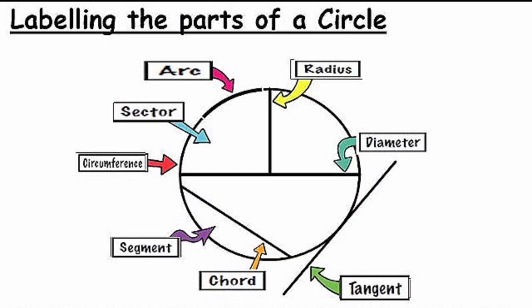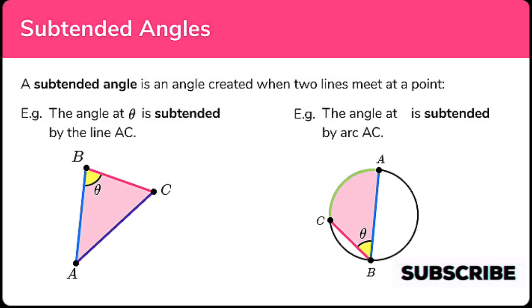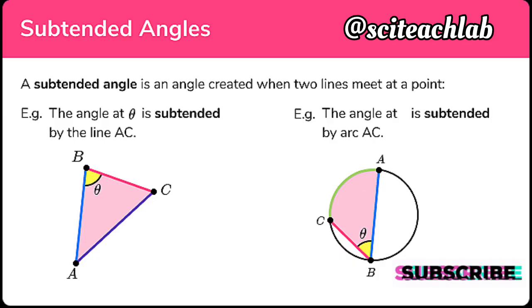All right. Before we get to the theorems proper, let's define some terms. Like I already said in class, what is a subtended angle? A subtended angle is an angle made, formed or created by something. What can make a subtended angle? An arc can subtend an angle. A chord can subtend an angle. But all this, whether an arc or chord, is going to be from a given point.